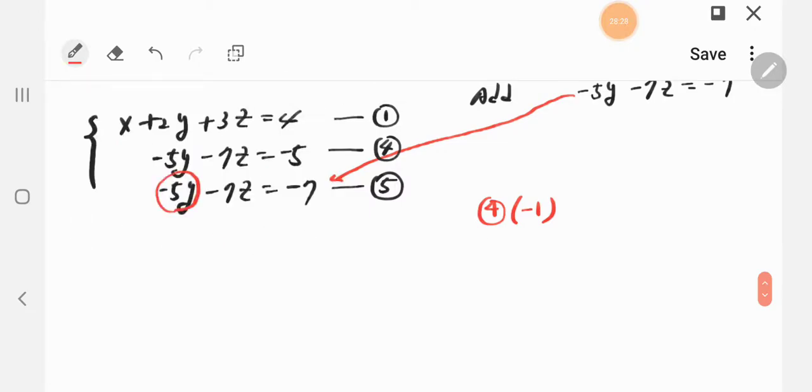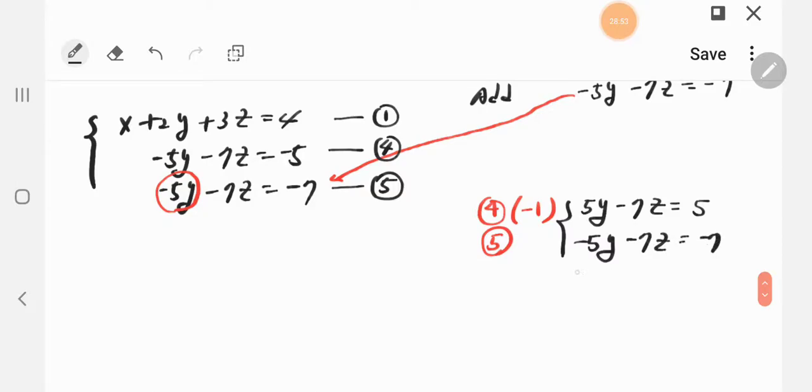And then the fifth equation stays the same. So equation 4 times negative 1. So negative multiplied by negative becomes positive 5y minus 7z equals positive 5. And the fifth equation is negative 5y minus 7z equals negative 7.